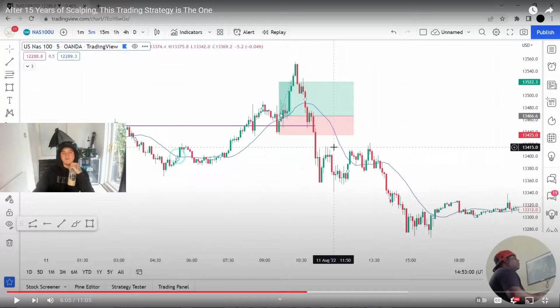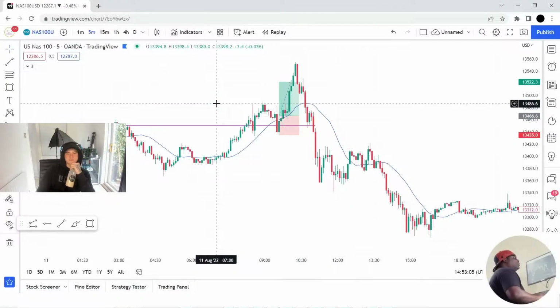Which is fair enough, you know. Fair enough. But it's kind of contradicting what he said, you know. In terms of this, if he thought this was going up, then surely he would have sold round here when it broke below his support.